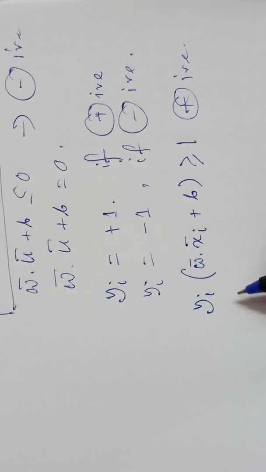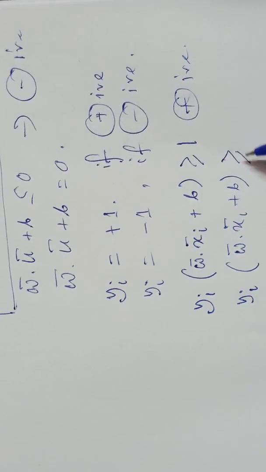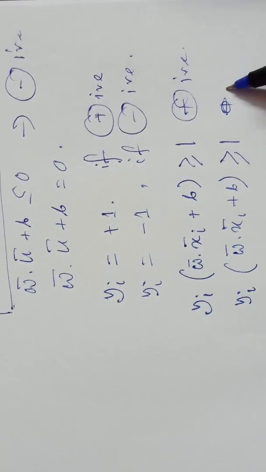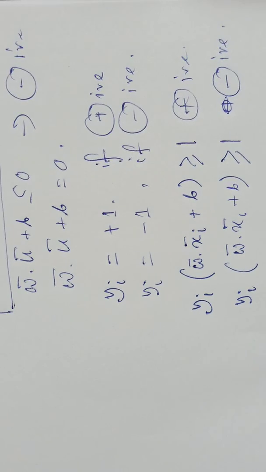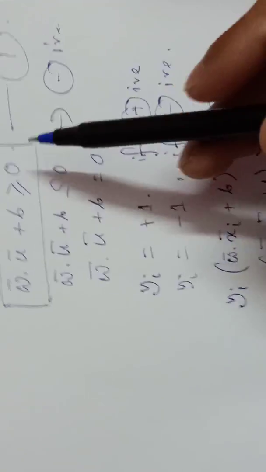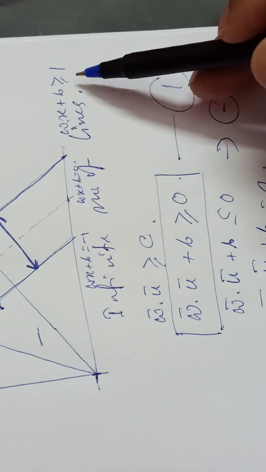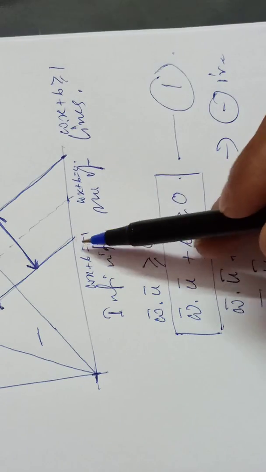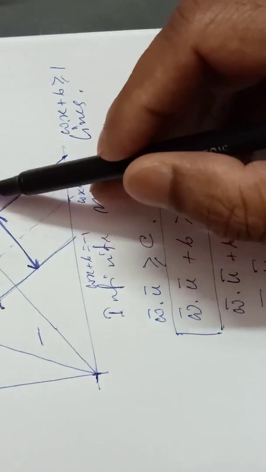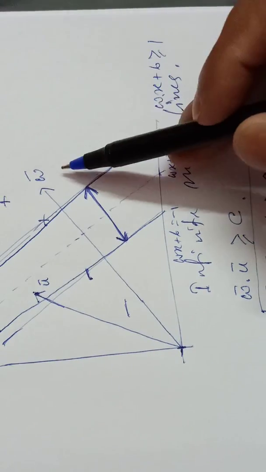Similarly, can we write this yi (w xi plus b) is also greater equals to 1 for negative classes also? Why? See, if we consider that this is wx plus b greater equals to 1 for positive classes, and wx plus b less equals to minus 1 for negative classes. Now, if a data belongs to here, yi is positive plus 1.